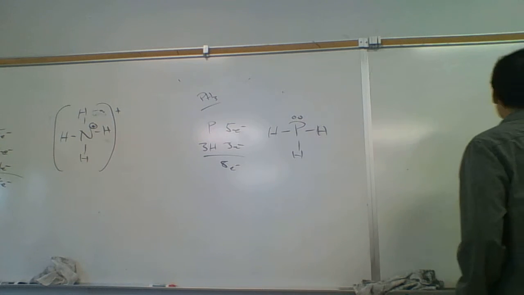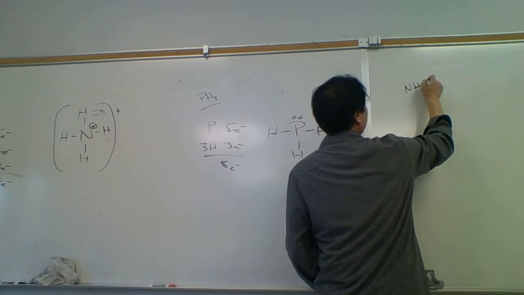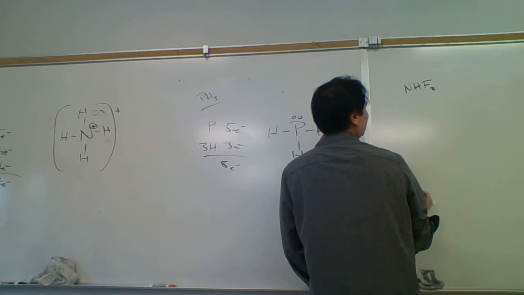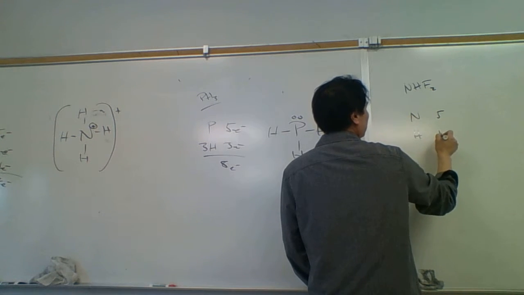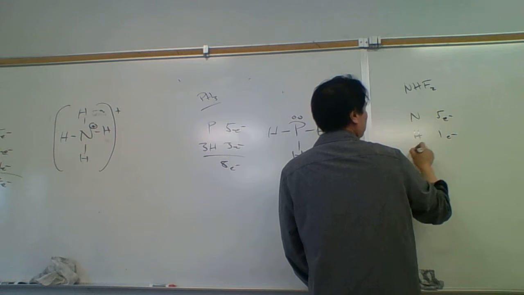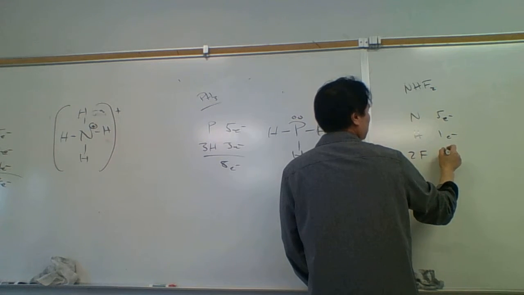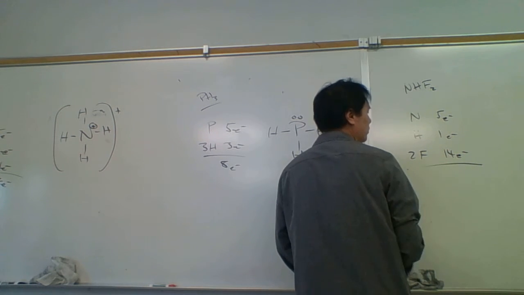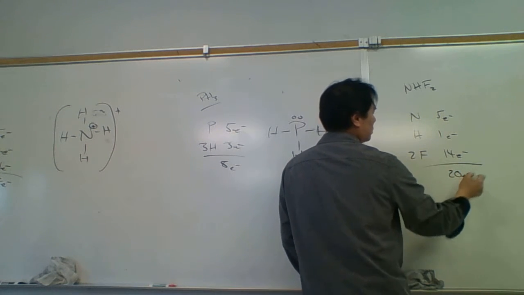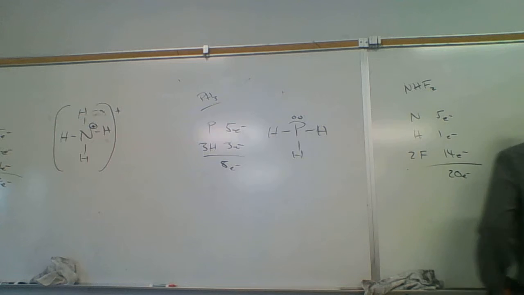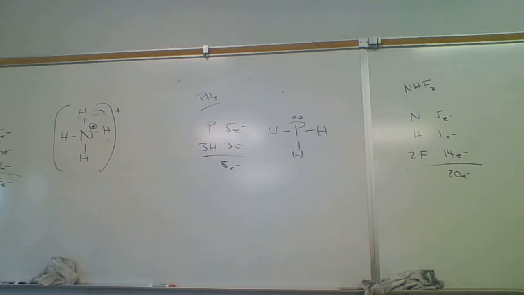And then the next one is NHF2. Nitrogen's 5. Hydrogen is 1. Then 2 fluorines is going to be 14. Fluorine 7. No charge. So this is going to give us 20 electrons. Now fluorine never forms more than 1 bond.